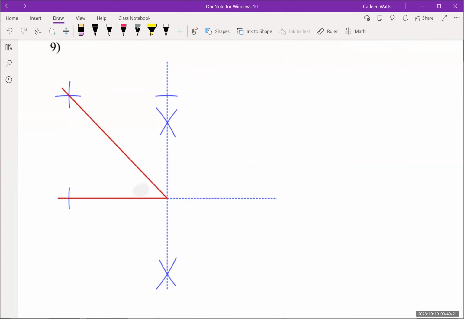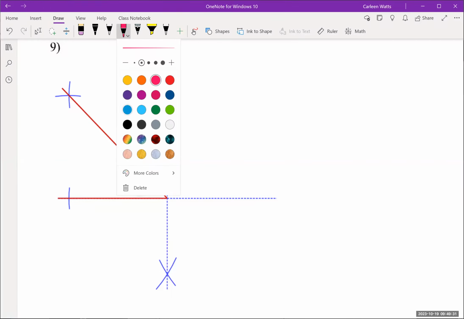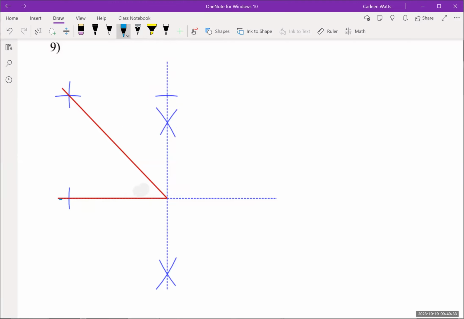Number 9. Notice no black lines. Okay. So with blue, I drew a line. Yeah. And this was the first thing I did. What would you say is the relationship?